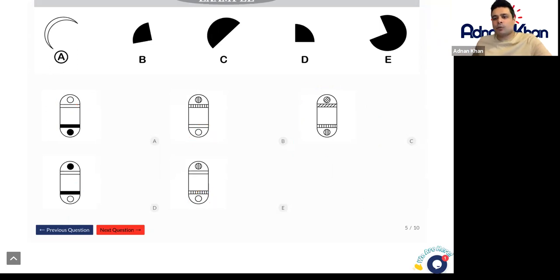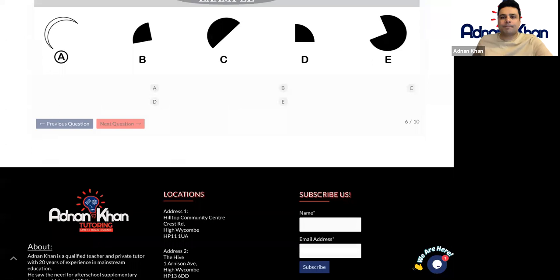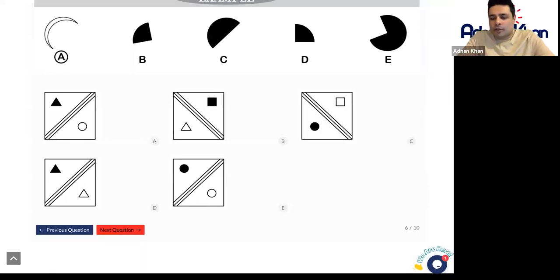Okay, let's do one more together, Ruby. So with question number 6, all the figures have the black shape on top of the 3 diagonal lines. But which one is going to be the odd one out?